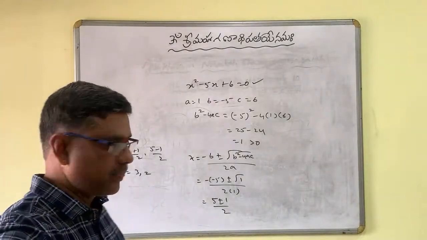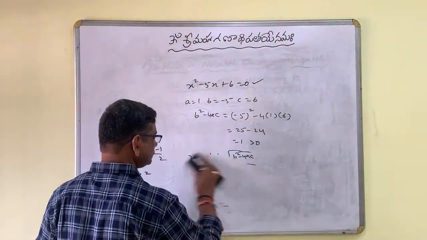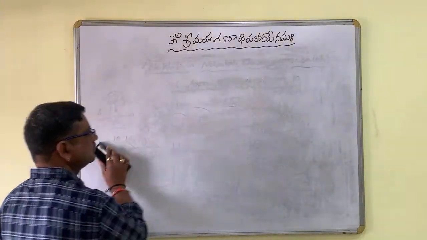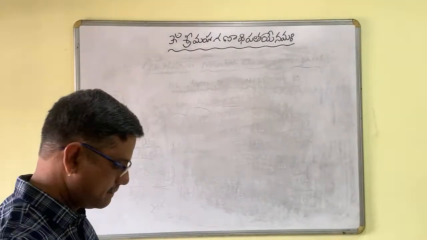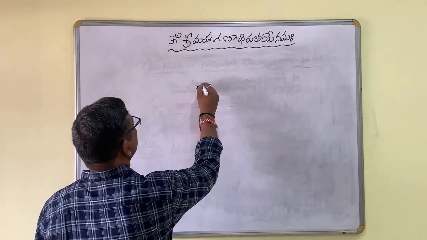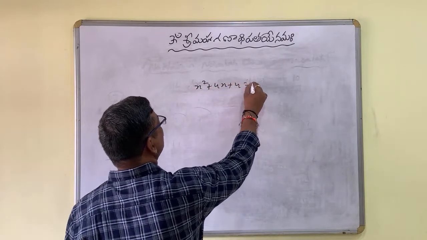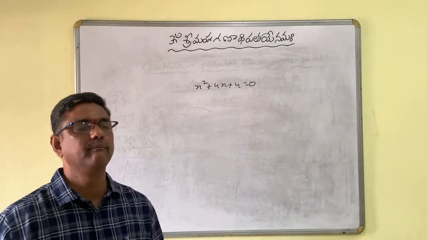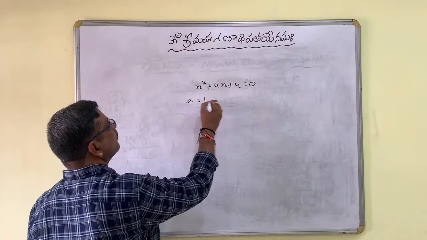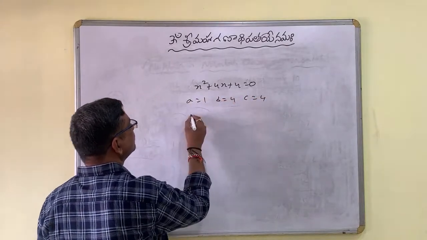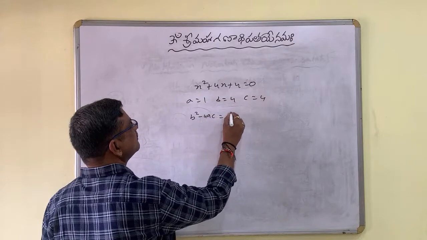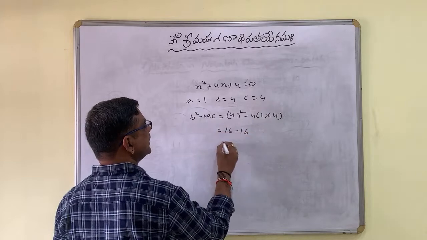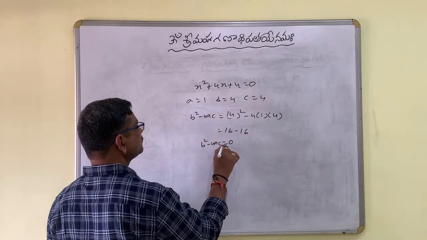Okay na? Now we'll see one more problem. x square plus 4x plus 4 is equal to 0. a is 1, b is 4, c is 4. b square minus 4ac: 4 square minus 4 into 1 into 4, 16 minus 16, 0. b square minus 4ac 0 వచ్చేసింది.